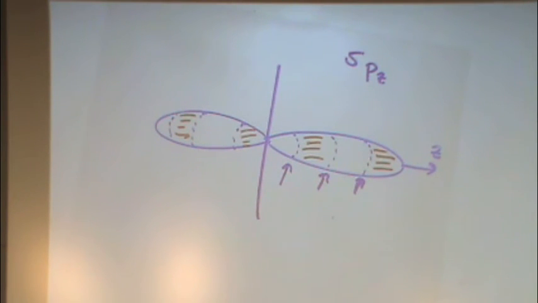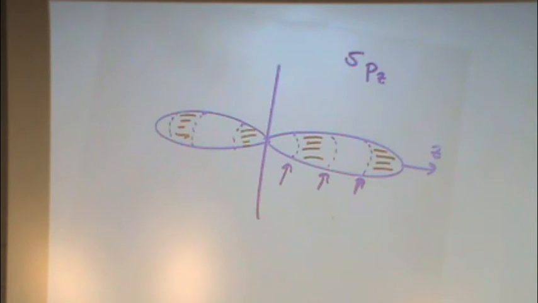Just like the d is born with 2 angular nodes, the s is born with how many angular nodes? 0. Yeah, the s is born with 0 angular nodes. The p always has 1 angular node, so it has to have 4 total nodes here. 1, 2, 3, and 4. So it's a 5 because the nodes are n minus 1, or n is 1 more than the number of nodes. So it's a 5pz.